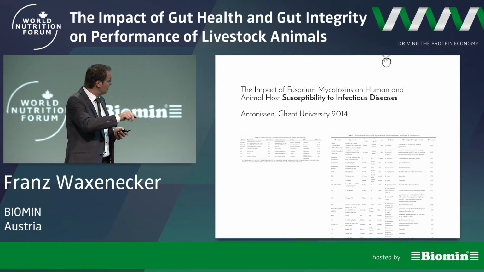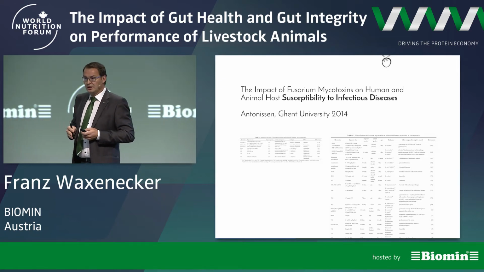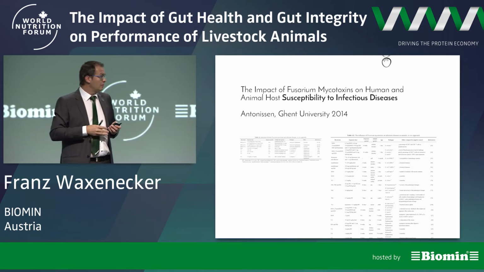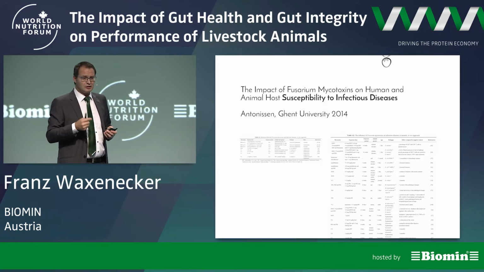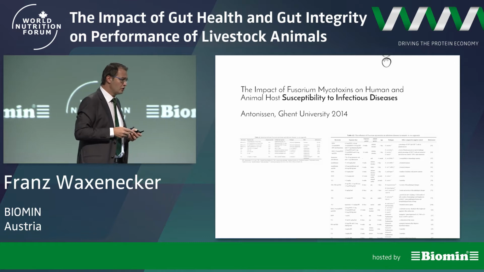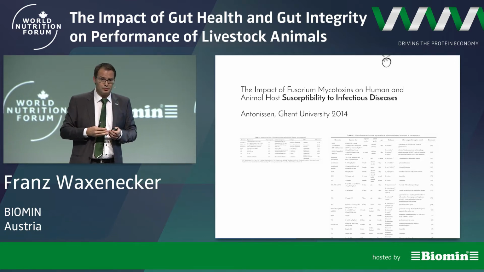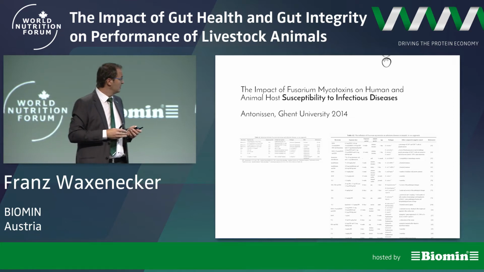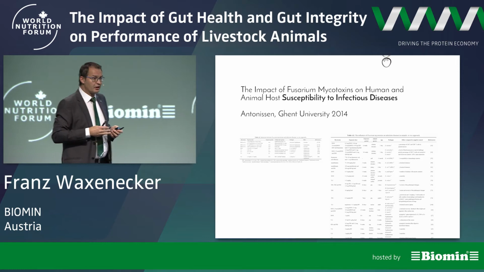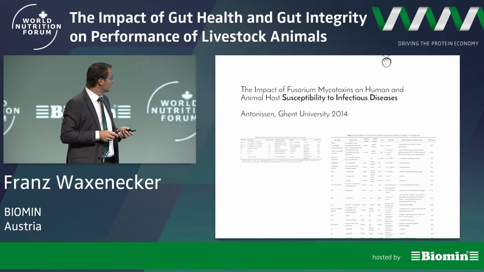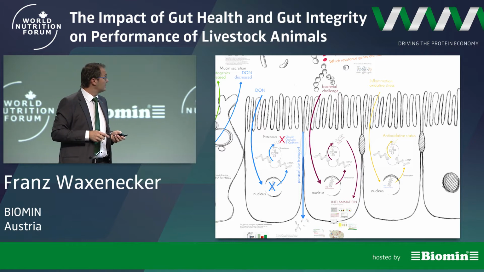I don't go into detail, but he found a lot of effects described in the literature. And one of them is that the paracellular translocation of Clostridium perfringens can take place if DON disturbs those tight junction proteins and can lead to an increased risk of necrotic enteritis in broilers. So a long list of studies there.